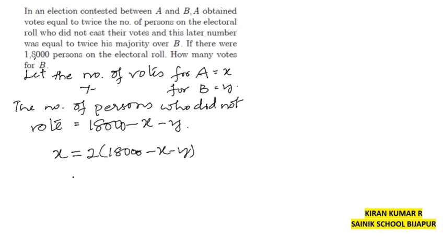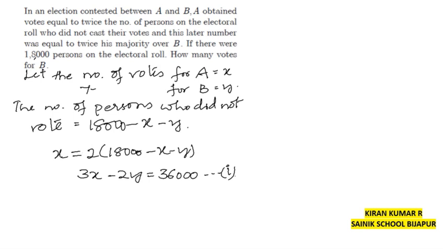This has to be simplified. If 2 is multiplied to 18,000, we get 36,000. 2 multiplied to negative X will be negative 2X. Transpose it, we get 3X minus 2Y equal to 36,000. Let me call this equation 1. This is our condition 1.